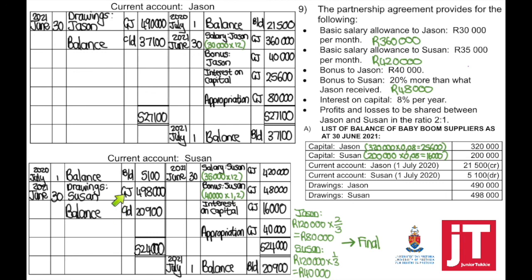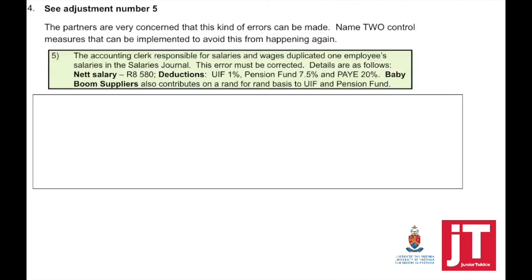Now Susan is ending up from a debit balance to having a credit balance, a positive balance of 20,900. Remember that the current account is an owner's equity account. So if they have a debit balance, it means negative. Credit balance means positive.